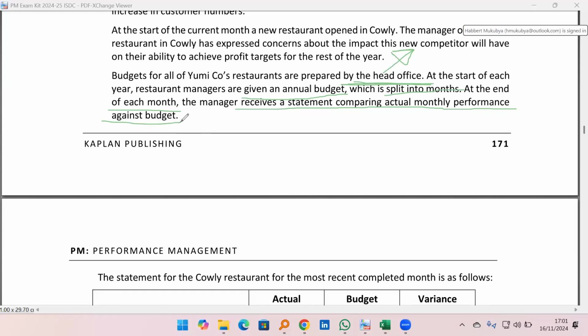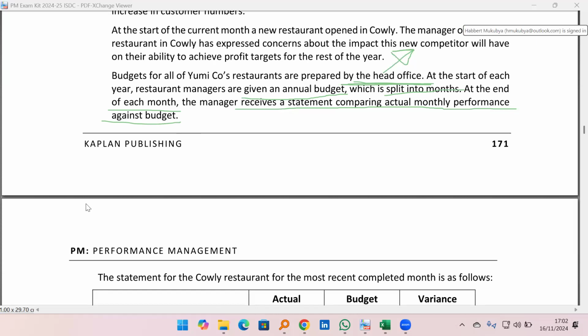Because there are some months that are busier than other months, and therefore, if you're going to be judging me on a monthly basis and you are splitting it equally, then perhaps you are not judging me honestly. But that's something that you need to consider as you go.